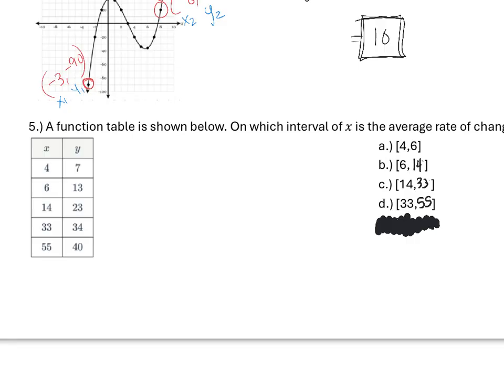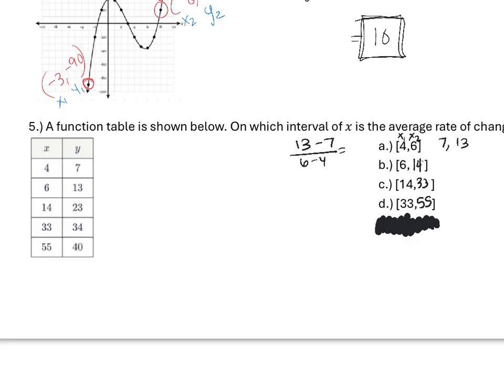So if we check the rate of change between 4 and 6, this is our x1, and then not our y1, that's our x2, because these are both x's. And then y1 is going to be 7, and y2 is going to be 13. So then we'll just run our little formula, 13 minus 7 over 6 minus 4.